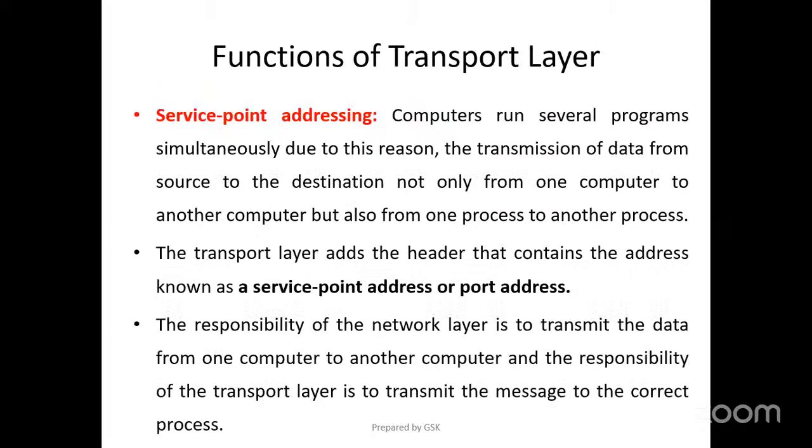Coming to the functionalities of the transport layer: service point addressing. Whenever you are working with your device, you may work with multiple applications. For example, you may listen to music with a media player, or suppose you are applying for a job.